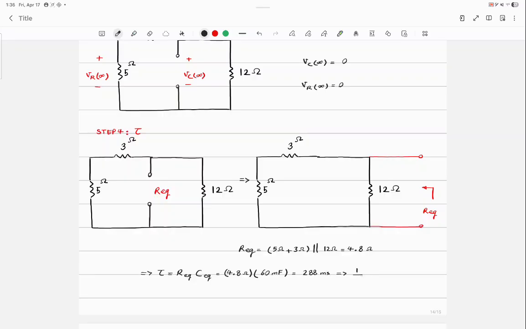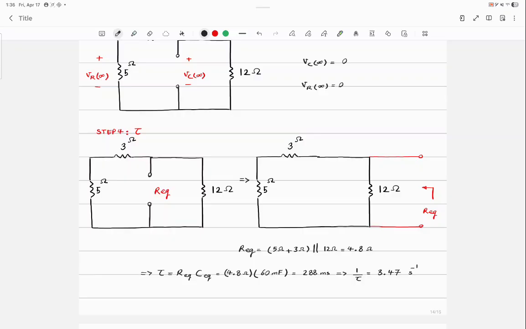Can you also tell me what is 1 over tau? Just divide 1 by 0.288. 3.47, that's enough.